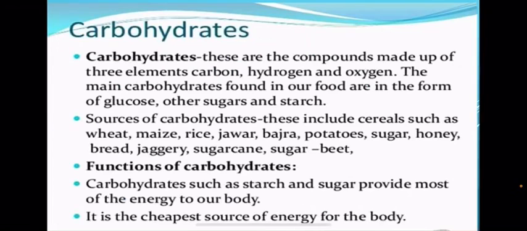Sources of carbohydrates include cereals such as wheat, maize, rice, jowar, bajra, potatoes, sugar, honey, bread, jaggery, sugarcane, sugar beet, etc. All these are good sources of carbohydrates in our food.